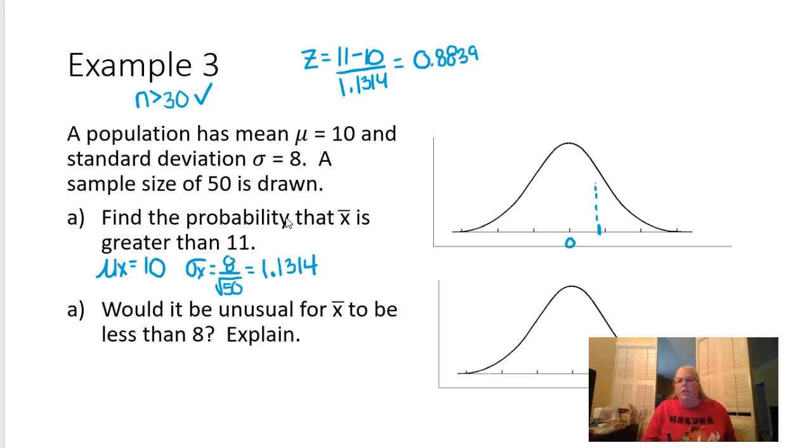And if we sketch in the area that we're looking for, that's going to be this area right in here, because it said we wanted to find the probability that x bar is greater than 11. So we're looking for this area back in here.